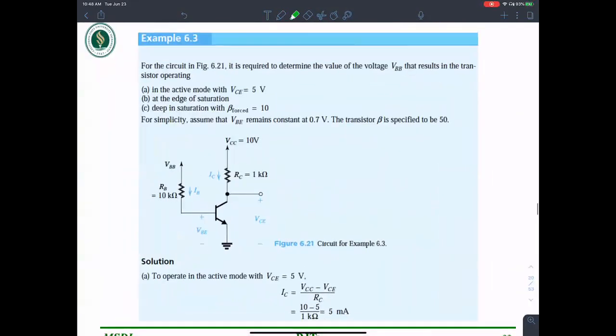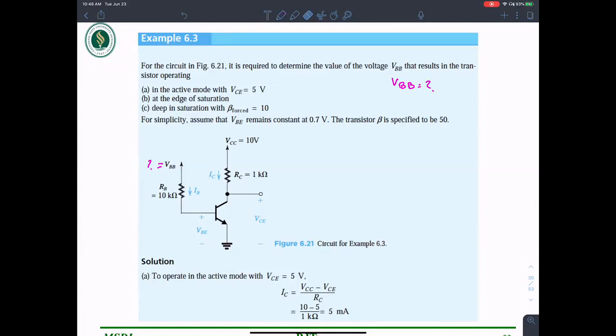Let's look at another problem. For problem 6.3, it is required to determine the value of VBB. What's the value of VBB here? That's the voltage at the top end of this resistance over here.